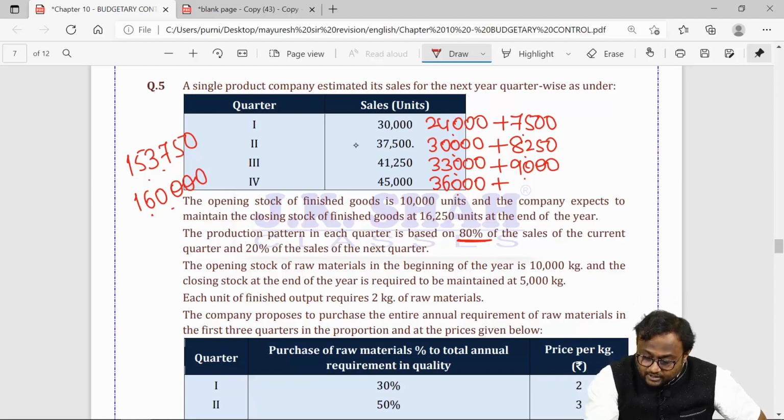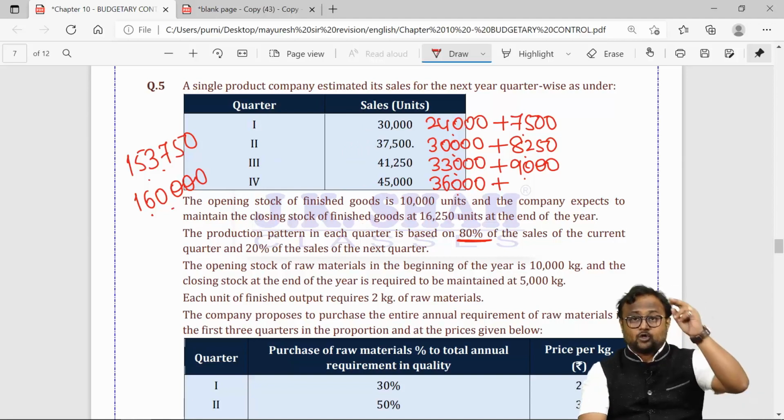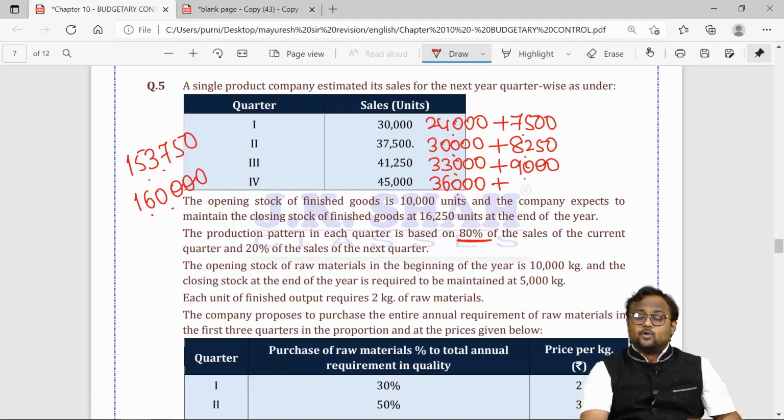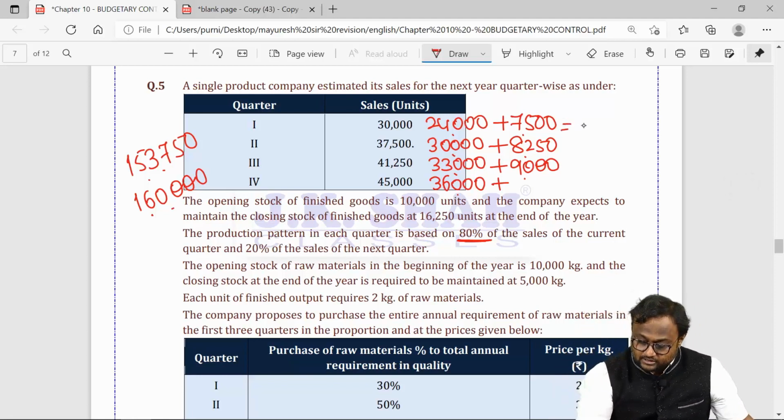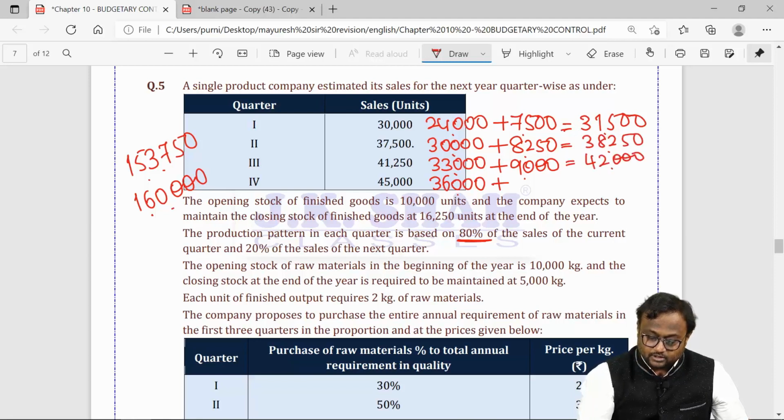So 20% of quarter 2, quarter 3, quarter 4 will be produced in quarter 1, quarter 2, quarter 3, plus 80% of the same quarter will also be produced. So guys, 31,500 you are planning to produce in the first, 38,250 in the second, 42,000 in the third one.